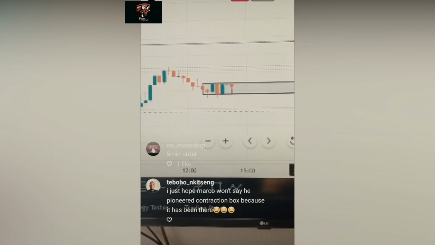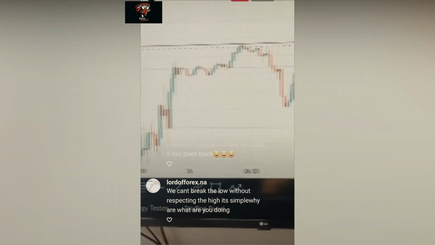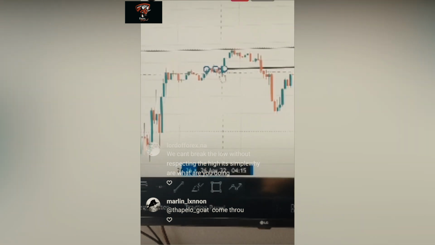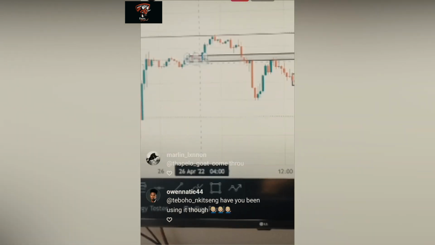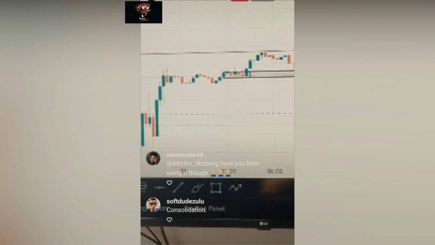It hasn't been liquidated. Where has the contraction box been liquidated? Because here's the contraction box. So how was it liquidated? There's your contraction box.